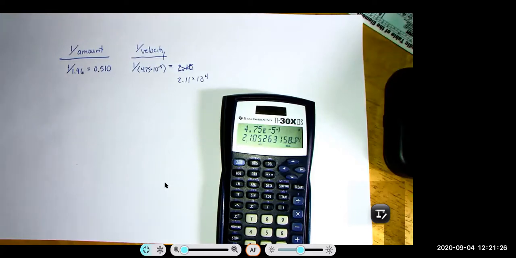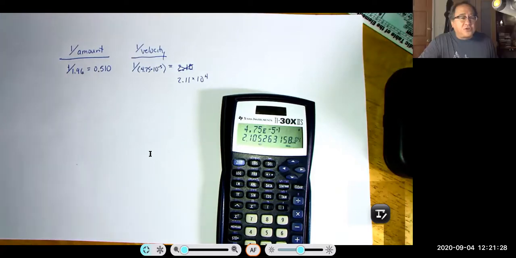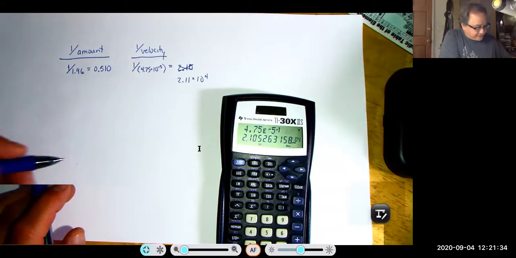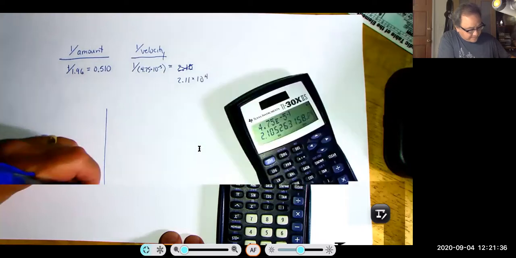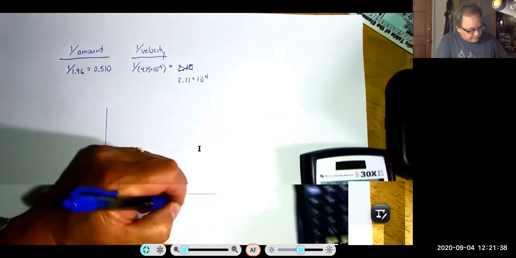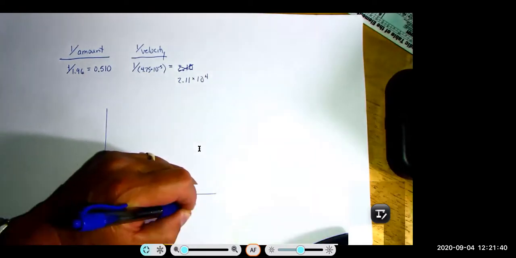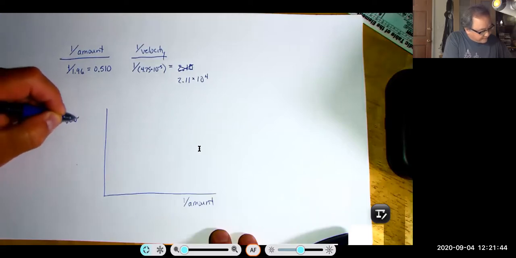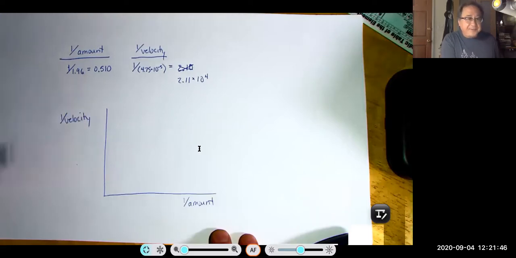Now, if we talk about drawing the plot of this data, we plot 1 over the amount on the x-axis, and 1 over velocity on this axis.